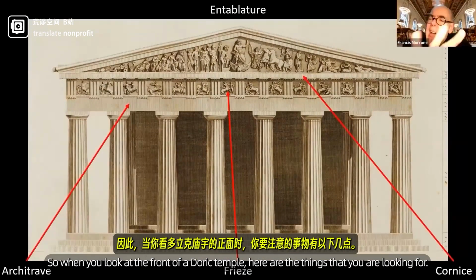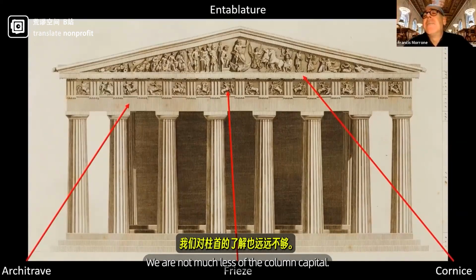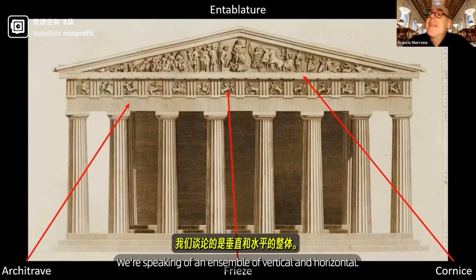So when you look at the front of a Doric temple, here are the things that you are looking for. First of all, a point needs to be made. When we speak of the orders, we are not speaking of the column, much less of the column capital. We're speaking of an ensemble of vertical and horizontal.